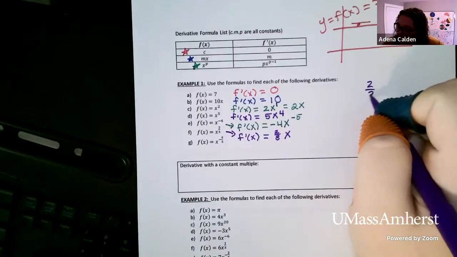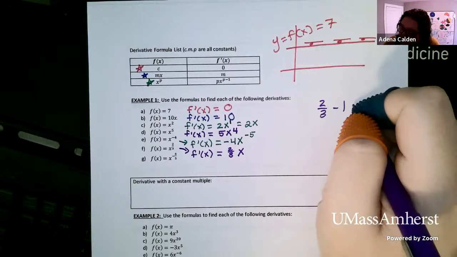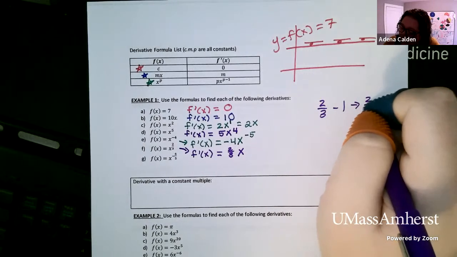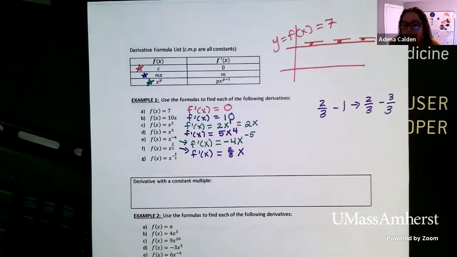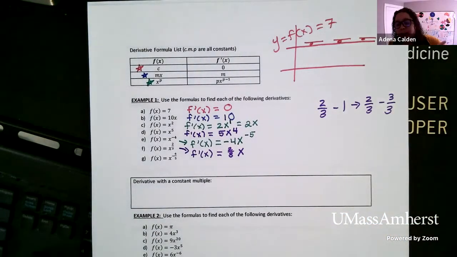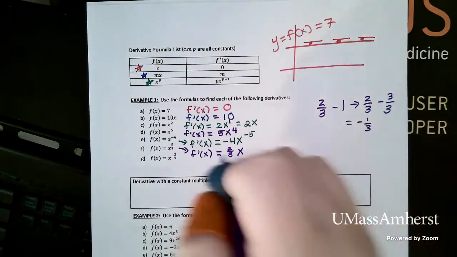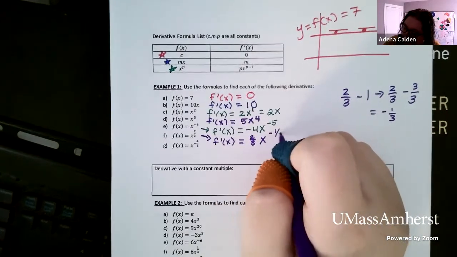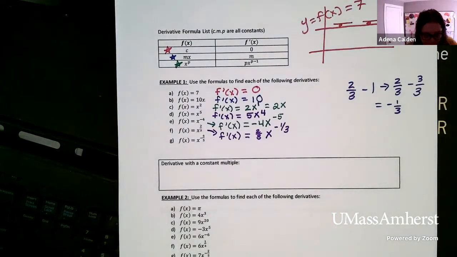We'll just kind of do a quick reminder over here. You need a common denominator for the 1. Let's write that as 3/3. So 2/3 minus 3/3. So that's going to give us negative 1/3. So my new power is negative 1/3. So I have 2/3 x to the negative 1/3.